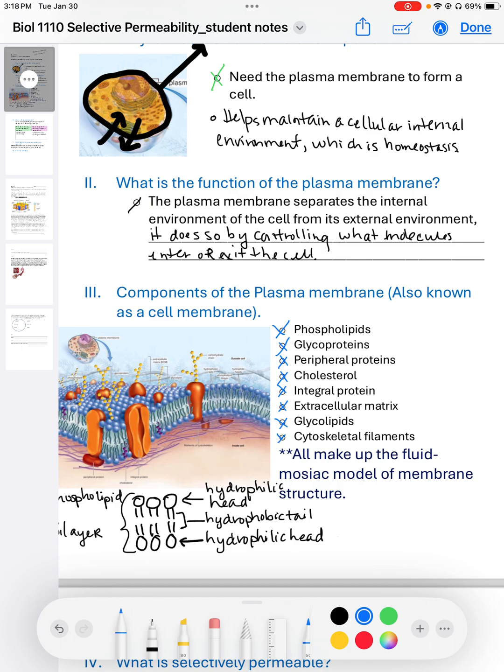Try saying that all really fast. Okay, but it's made up of all these parts. And what's interesting is that when it comes together, these parts are all known as this fluid mosaic. So these parts all make up this fluid mosaic model of the membrane structure.